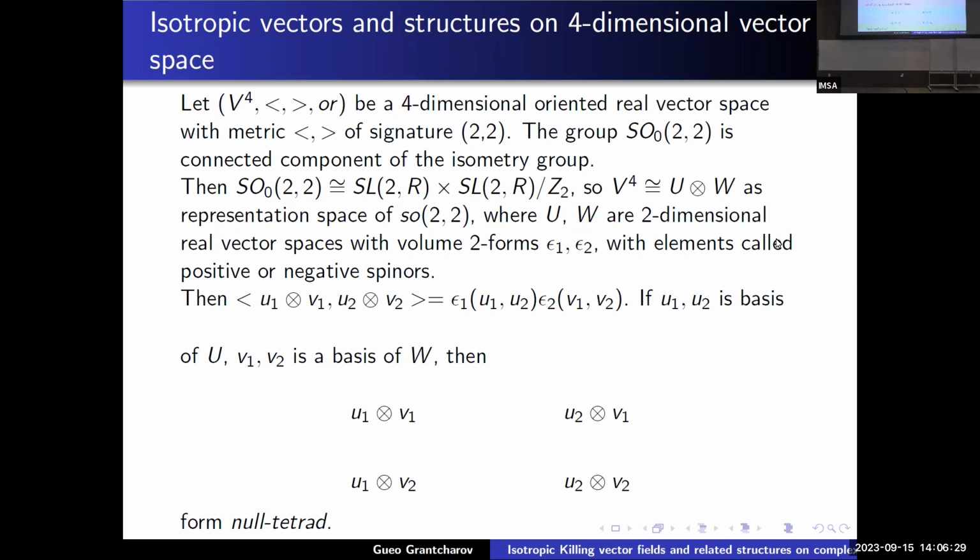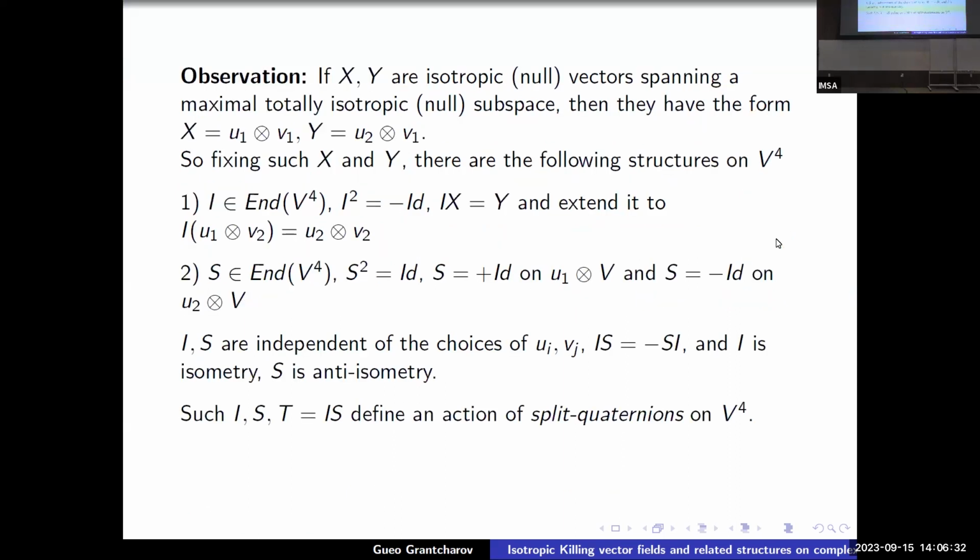In particular, if you take any two isotropic vectors, sometimes I'll call them null, this is the physics again, and mutually orthogonal, then they span this kind of maximal isotropic subspace, because 2 dimensions is maximal isotropic. And they are either of this type or of this type in terms of that representation which we have in the tensor product.